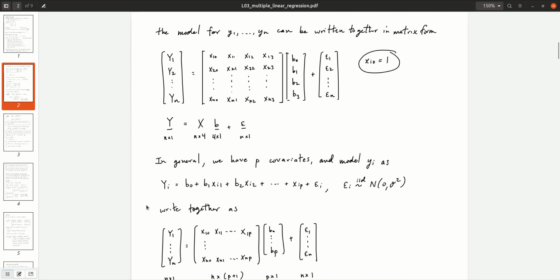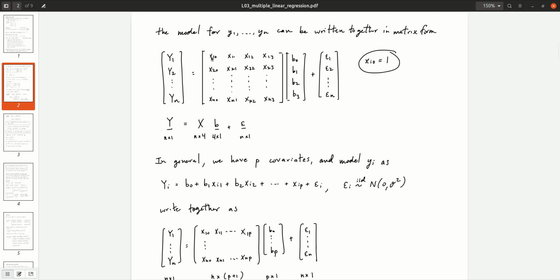Now here's where the matrix stuff is going to make our life easier. So the model for y1 to yn can be written all together in matrix form. So if we stack capital Y1 to capital Yn in an n by 1 vector, call that bold Y, and we put the covariates in their own matrix.